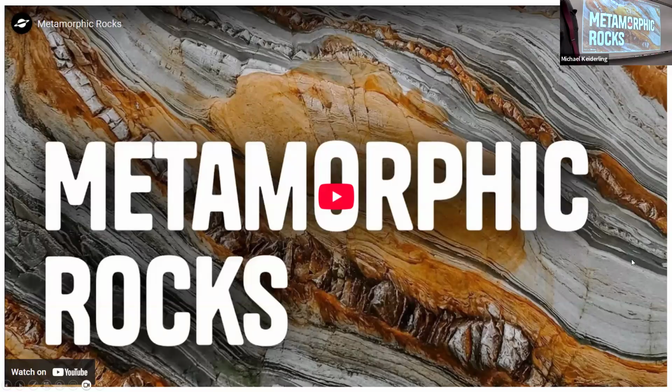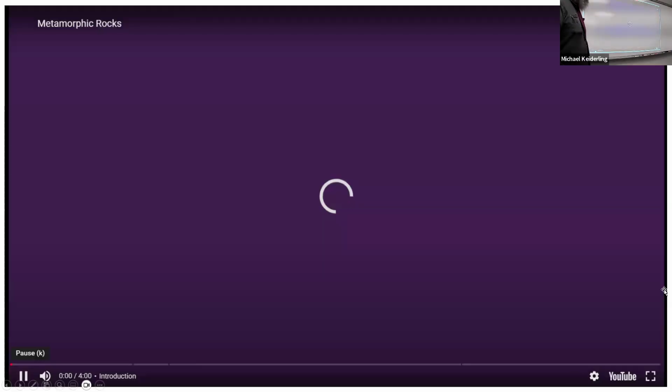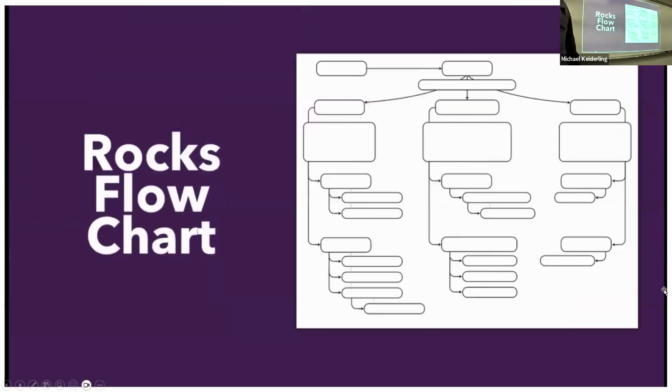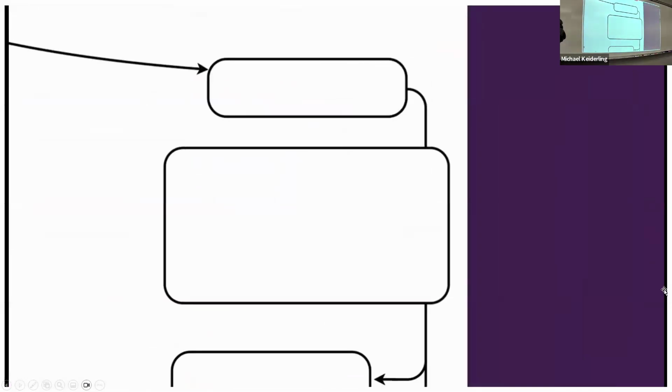How metamorphic rocks form. All right, in this video, we're going to be talking about metamorphic rocks. Please get your rocks flowcharts ready so we can fill in our final third column. Now, recall, rocks are classified according to how they form. Igneous form from cooling and solidified magma. Sedimentary form from compacted and cemented sediments.